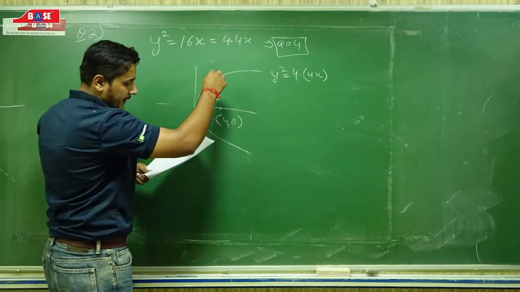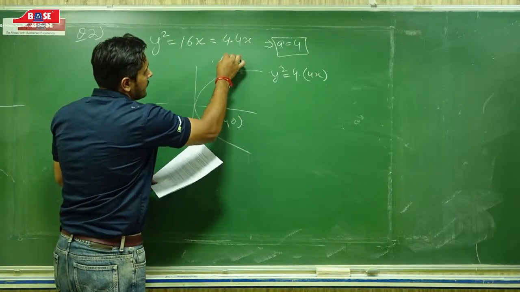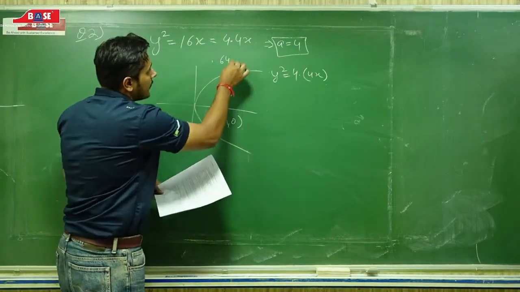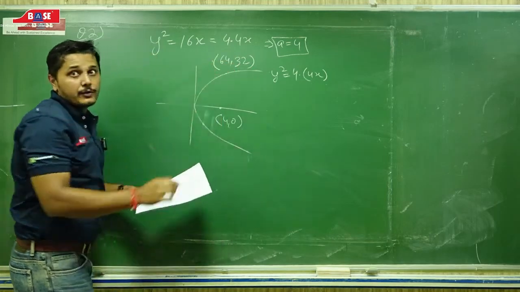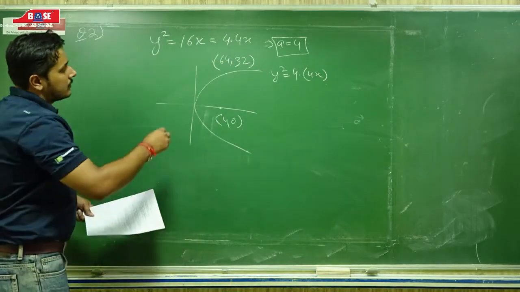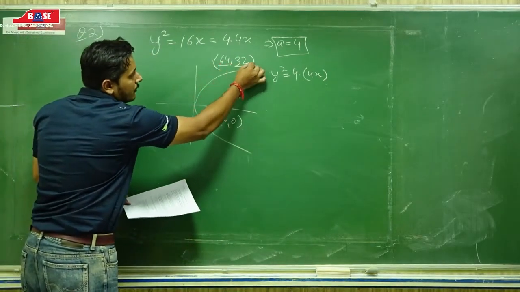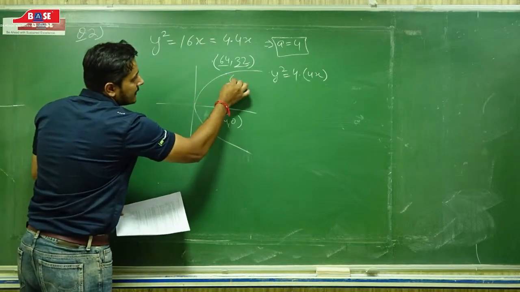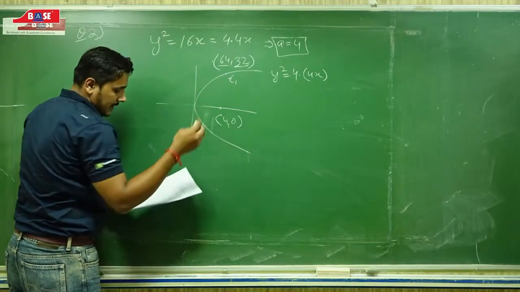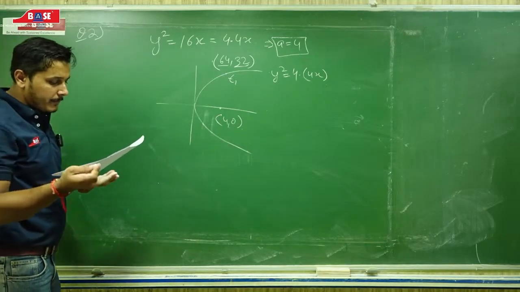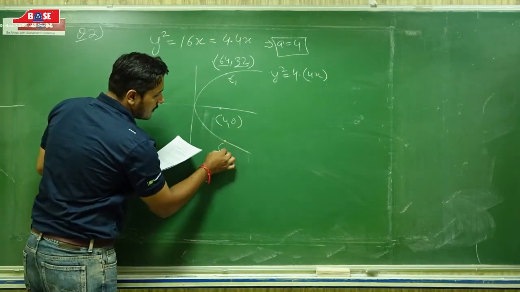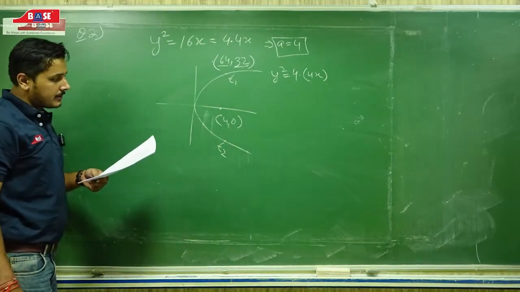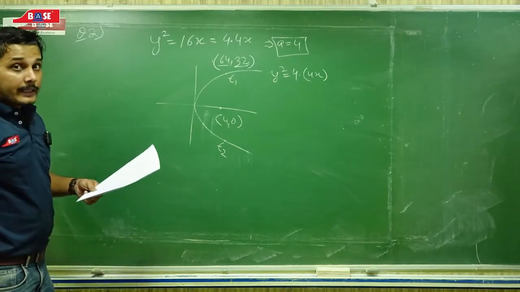Now let me take one point. So this is the first quadrant point, 64, 32. If I take the parameter t, let me call this point t1. And as in the question, they are saying one more point is there, which is x1, y1, so let me write the parametric coordinate as t2.